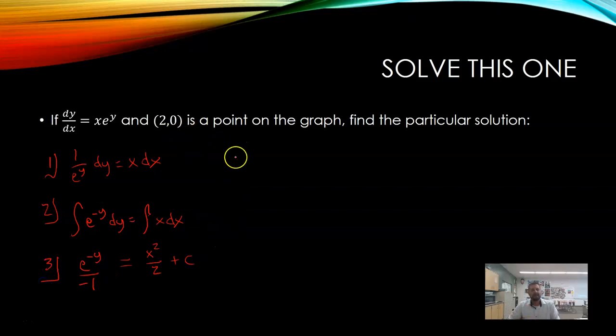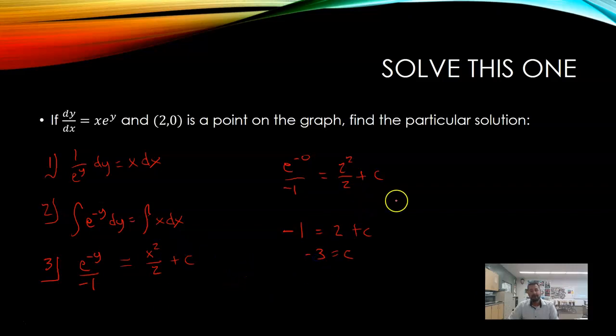Step number 4 is I plug in the numbers that I have. So I take 0, e to the negative 0 divided by negative 1 is equal to 2 squared divided by 2 plus c. E to the 0 is 1, so I get 1 divided by negative 1, which is negative 1, is equal to 2 squared divided by 2 is 2 plus c. So c in this case is equal to negative 3.